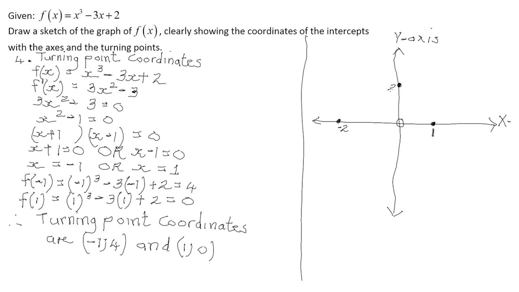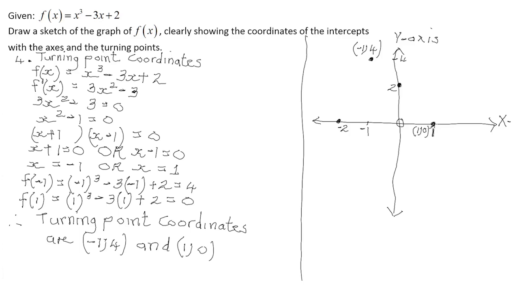Then our turning points were (-1, 4), more or less in the center, so it's going to be there. It's always important to indicate your turning point coordinates: (-1, 4), and obviously this one here, (1, 0).